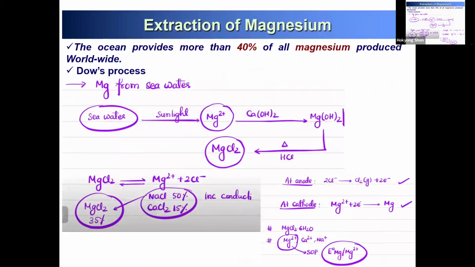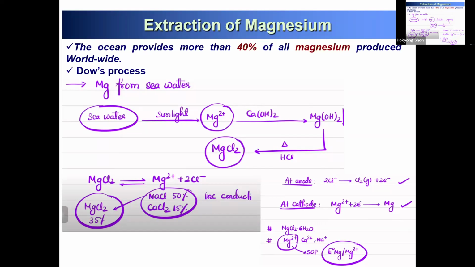So this is the example, like magnesium. So magnesium, seawater, sunlight, and then they have a magnesium hydroxide precipitation. And then from magnesium chloride, you have this ionic conversion of Mg2+ and Cl-.